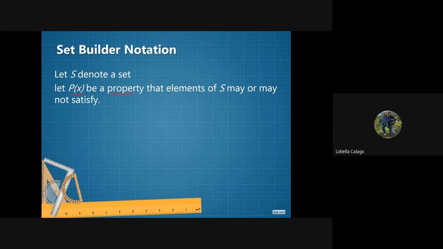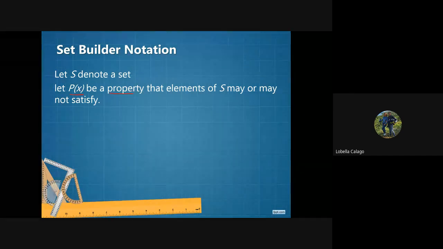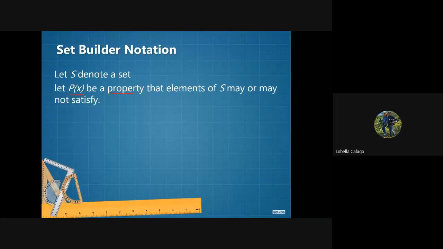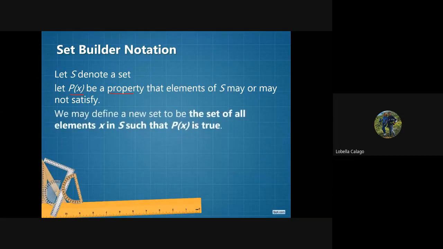This is the context wherein, such that x squared plus 9 equals 3, things like that. That is the property that the element may or may not satisfy. So we may define a new set.